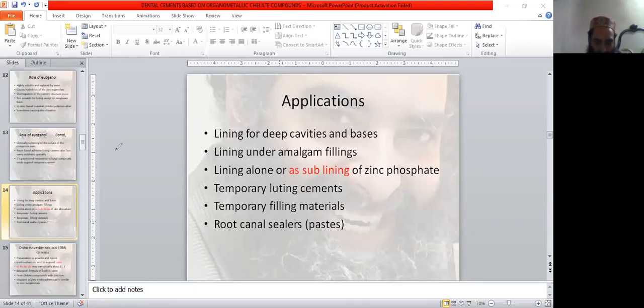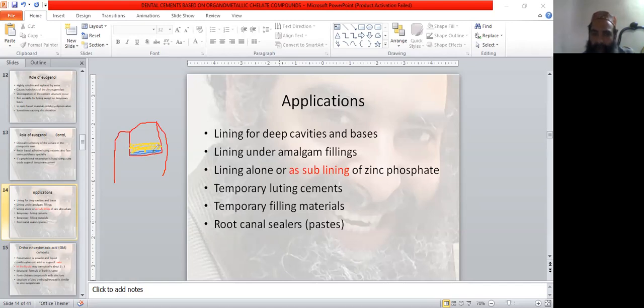So if we say that this is a tooth and this is a cavity, so if we have this material here and another material here, so this will be our sublining and this is our lining.